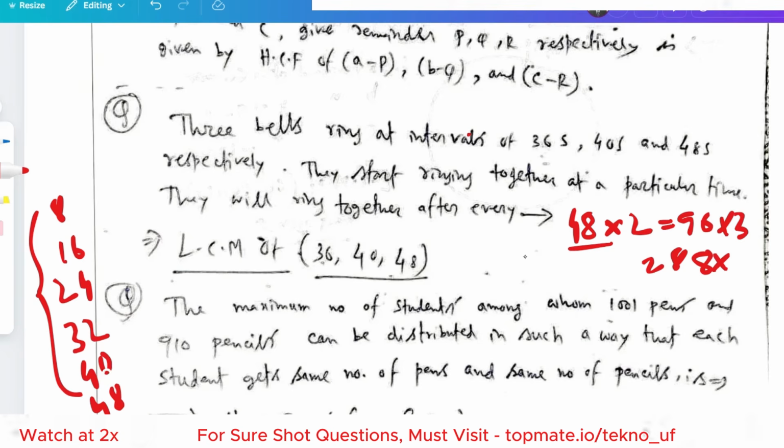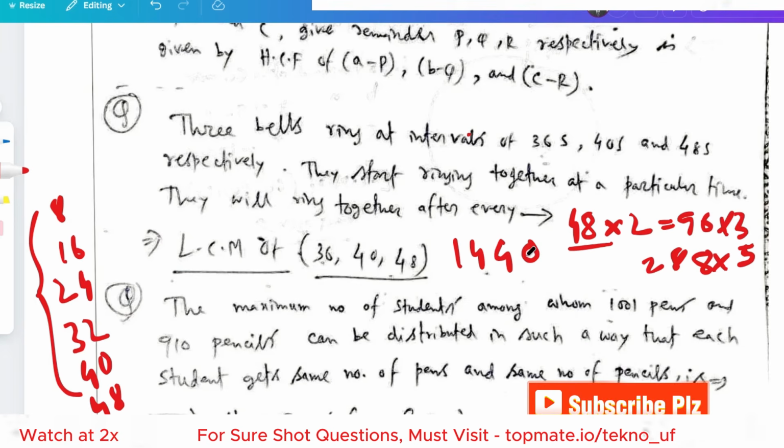So if we multiply by 5, that's the time you will get a 0. If we multiply this by 5, so 5 multiply 8, that is 40, right? So 0, then 4, 4, 14, 40. So this number is divisible by 40.